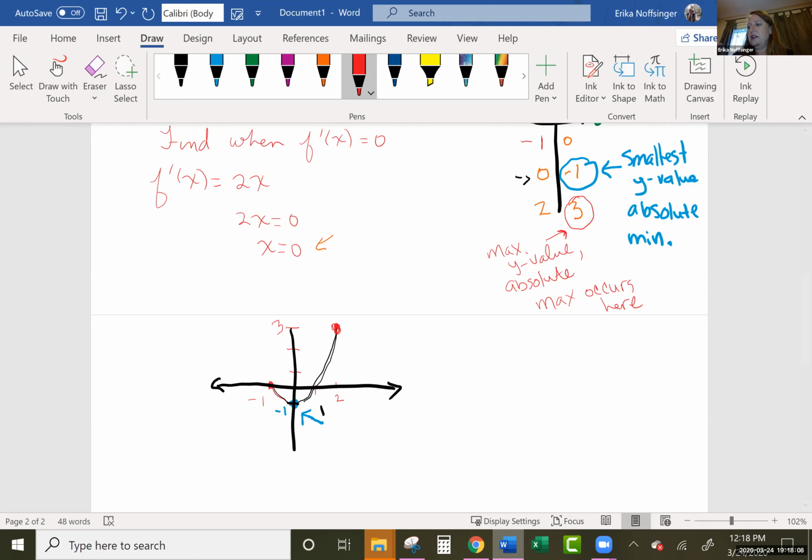Okay, let's maybe look at another one. Same directions, but this time we're going to give that g of x.